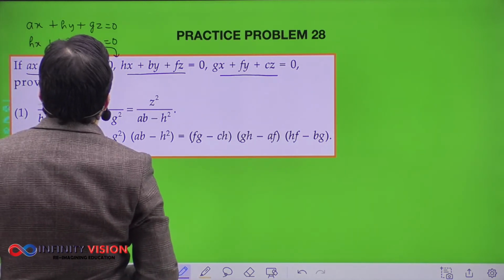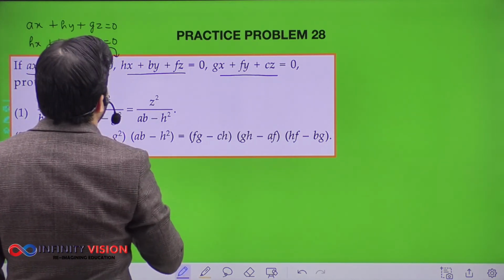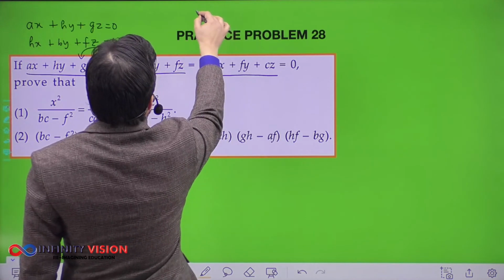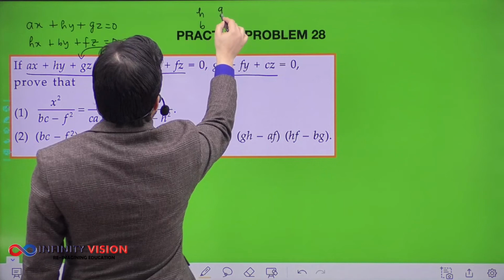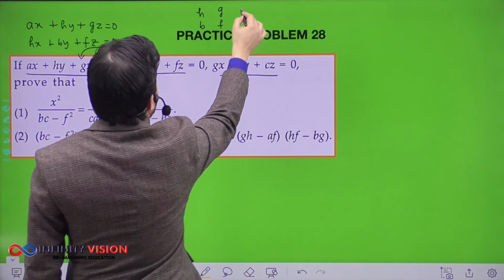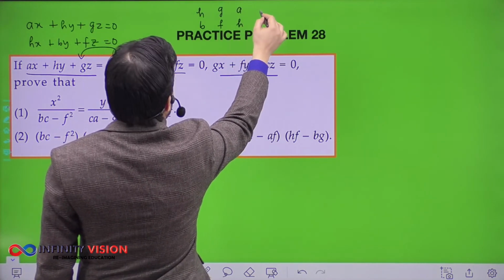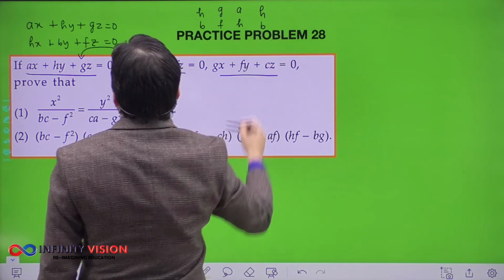For writing the multiplier for cross multiplication, I'll write h, then b, then I'll write g, then f, then I'll write a, then h, then I'll write h and b, right?